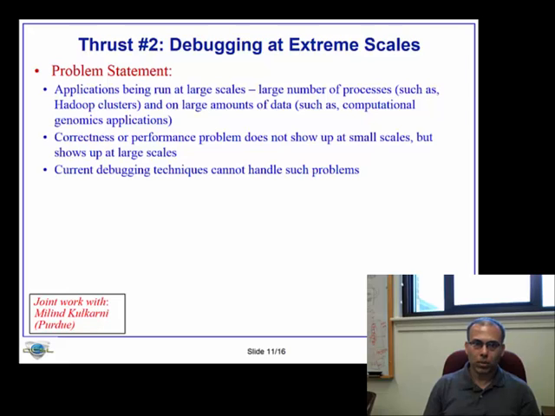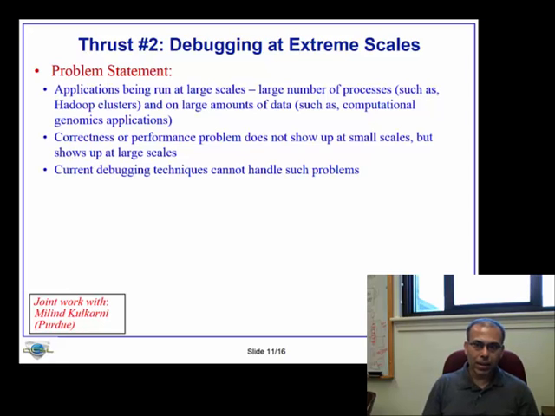So for example, we work with computational genomics applications where the amount of genomic and metagenomic and epigenomic information has grown to a huge level, where the amount of data that these applications are run at really is much higher than what these applications were tested on. So these correctness or performance problems do not show up at small scales, the development scales, the testing scales, but they do show up when they're thrown out into the production cluster and made to operate on real production data.